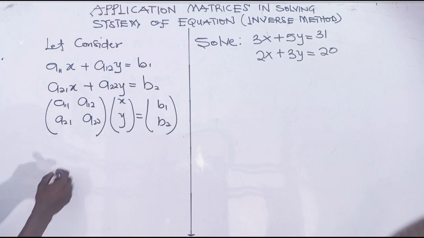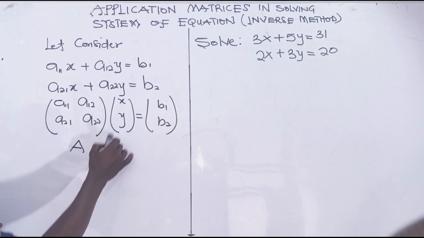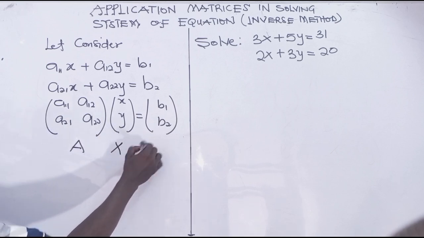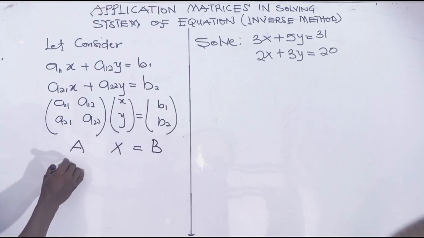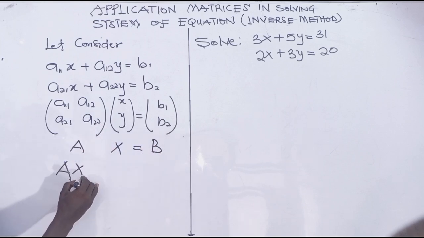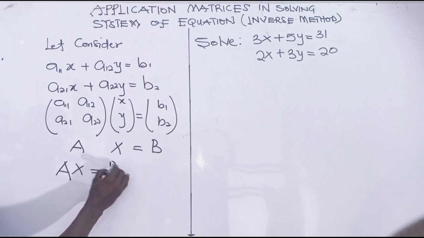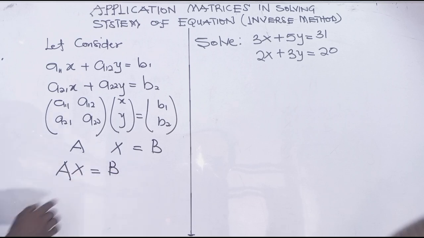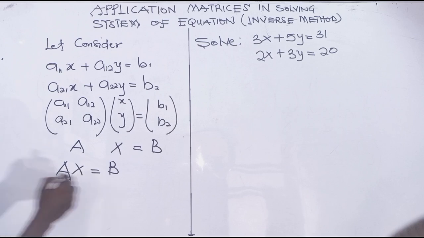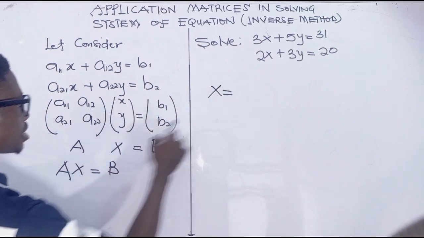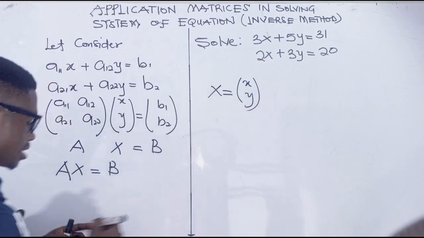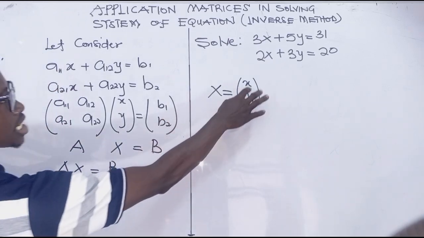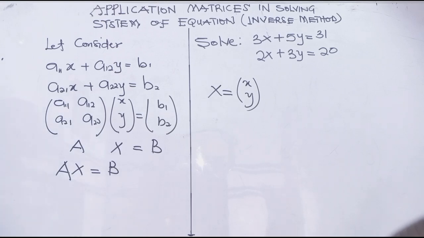So let's call this matrix A, let's call this matrix X, and let's call this matrix B. So from this we can say that A multiplied by X is equal to B. Now we know that X represents what? X is equal to x and then y.